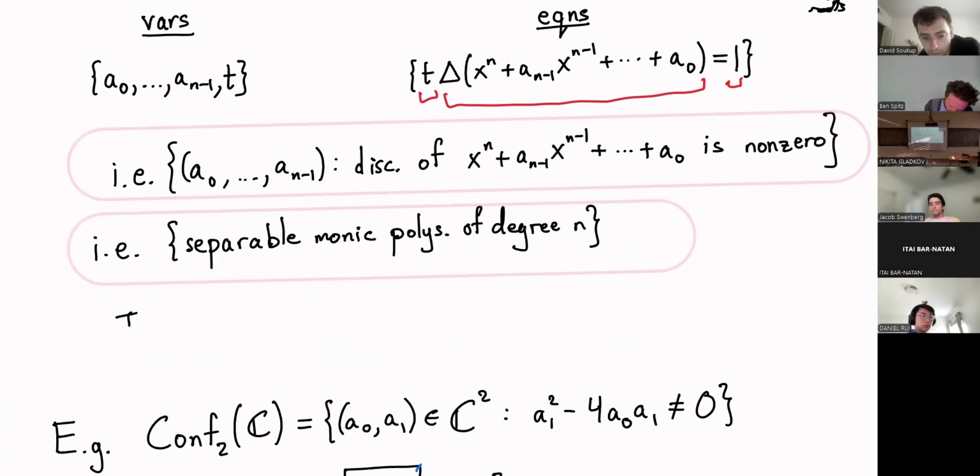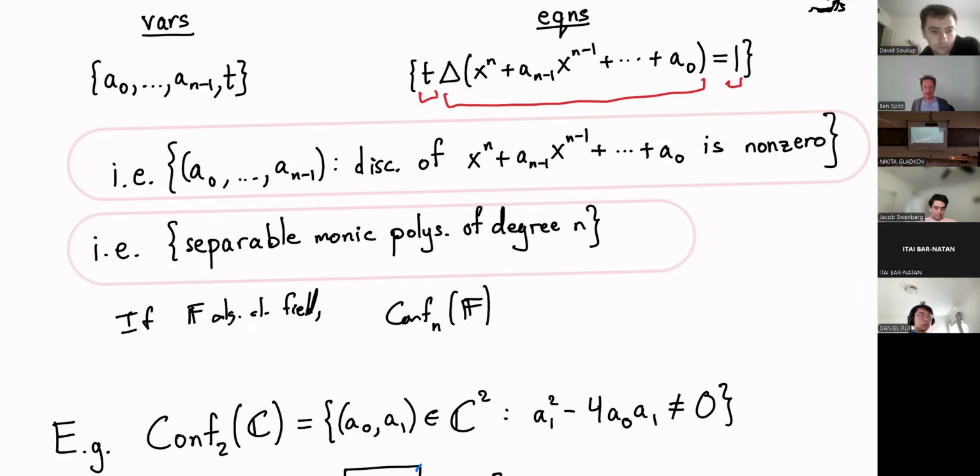Should note, if F is an algebraically closed field, then the points of Conf_n over F, well, any monic polynomial of degree n will have exactly n roots in F. It'll give me n numbers in the field F, and they'll all be distinct.